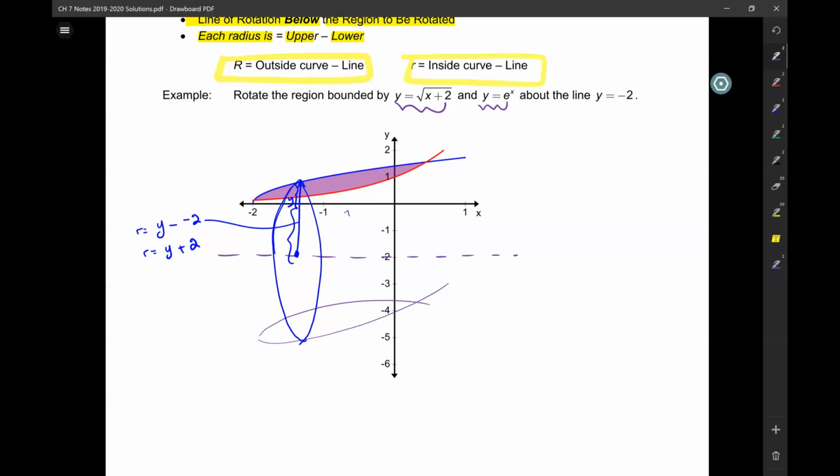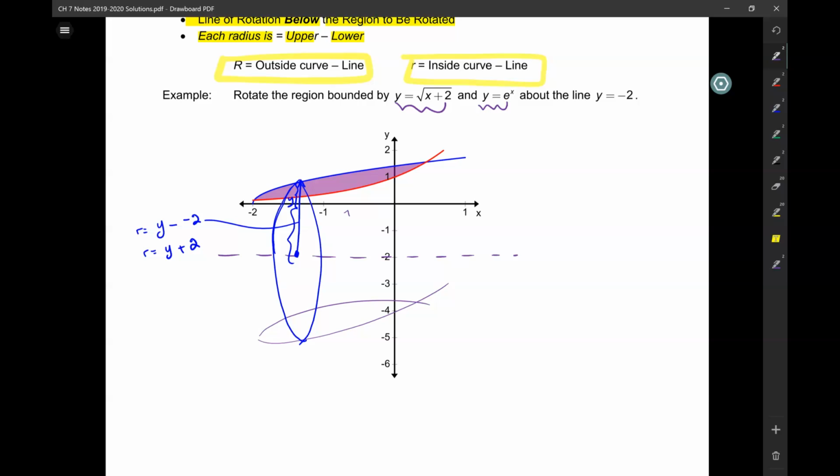So again, the area that we're rotating: the bigger disk is this blue here, and from the x-axis above, that's y, that's the function, minus this distance here, so minus -2, that ends up adding a space of 2 to our radius. So we're good on that one.